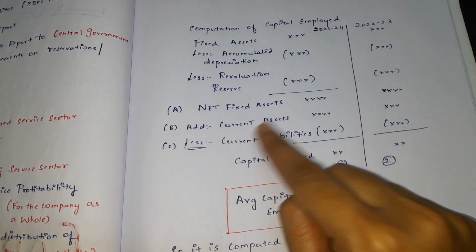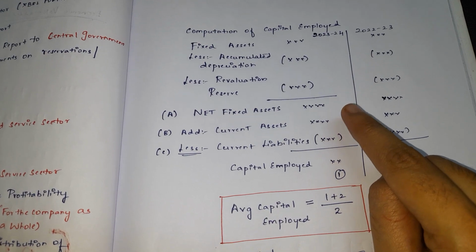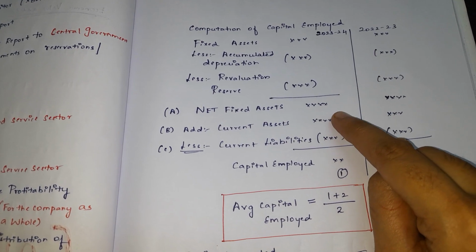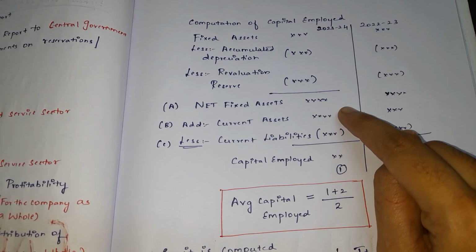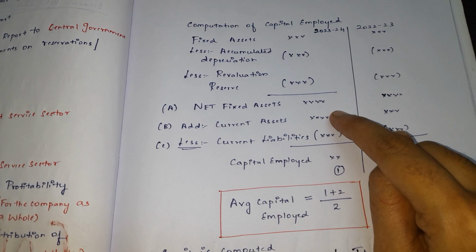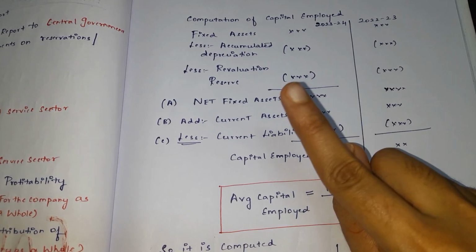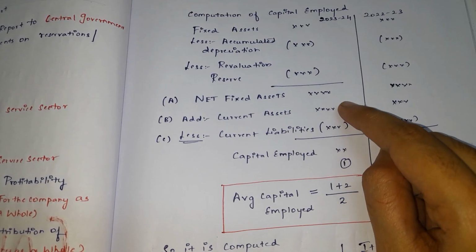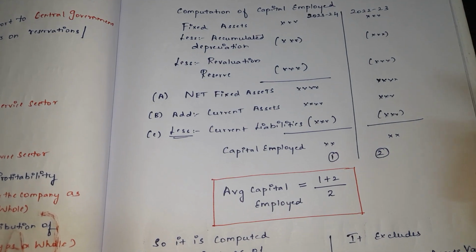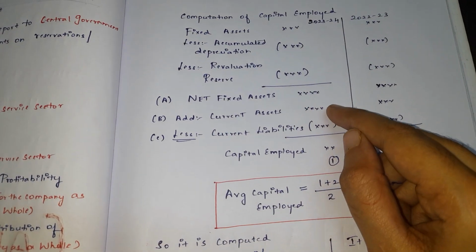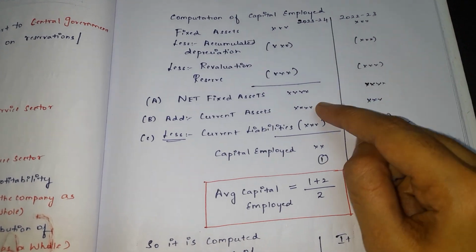Fine. So this is about computing fixed asset. Next, current assets. There is a very important point to remember when computing current assets. We will be considering inventory, sundry debtors, cash and bank balance. They may ask about current investments. Do we have to include current investments in current assets? The answer is no. See why? Such an investment is made into some other business for 12 months or less, and we will redeem it on or before 12 months.